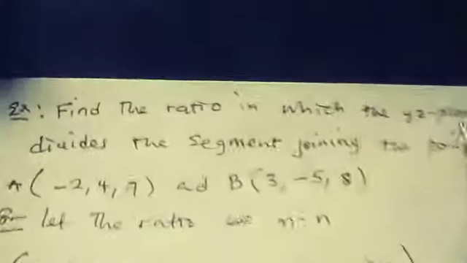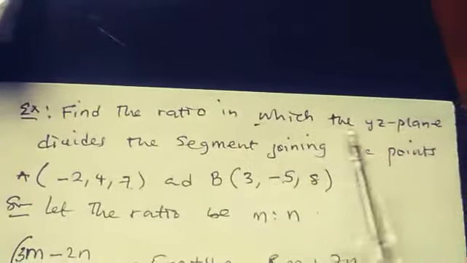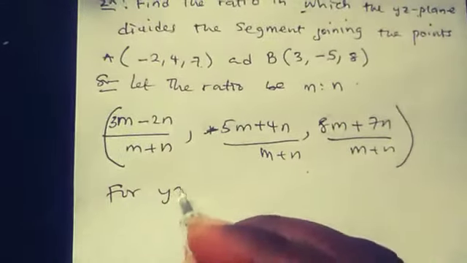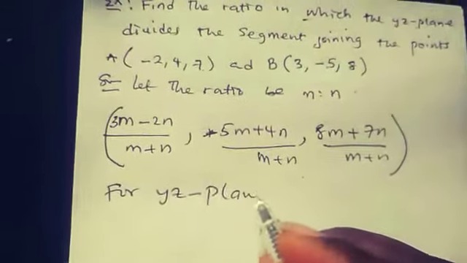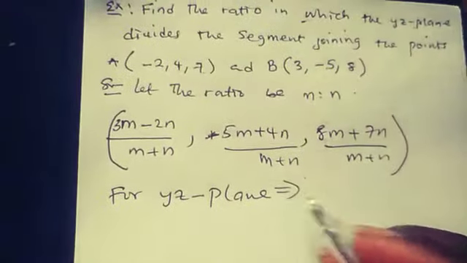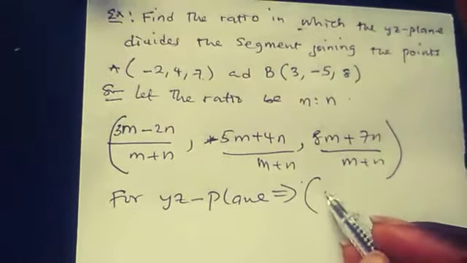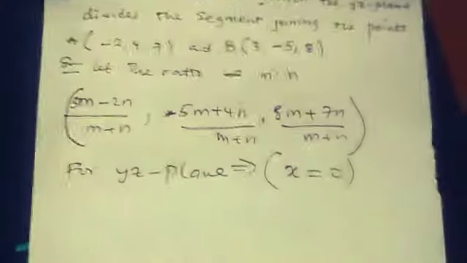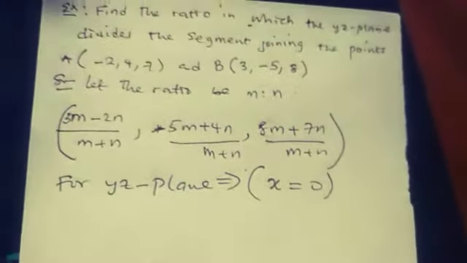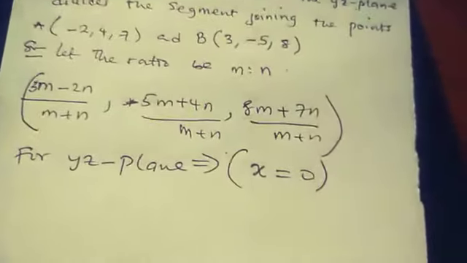Let's keep this. Now, the question is, in what ratio does this YZ plane divide? For the YZ plane, it simply means x is equal to 0. So it's just like in two-dimensional Cartesian coordinates.